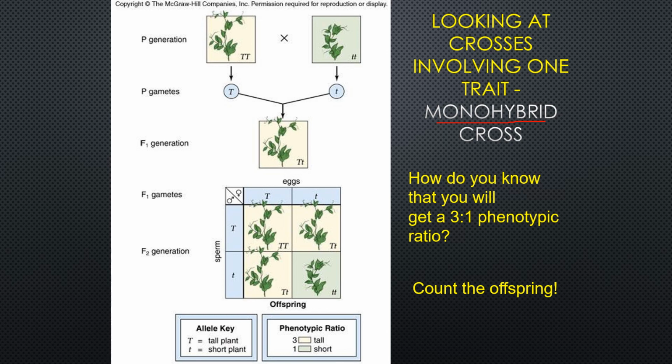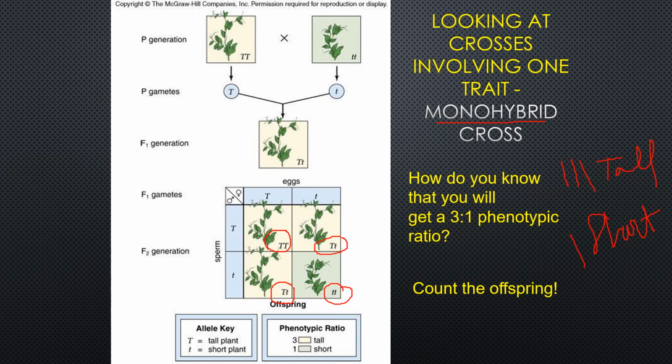So we know that a homozygous tall is going to give us one tall plant. So here we're going to put in here tall versus short. You know I can't write with this thing. So far we have one tall. A heterozygous tall plant will also look tall. Again, a heterozygous tall plant is going to look tall. And then a homozygous short will look short.